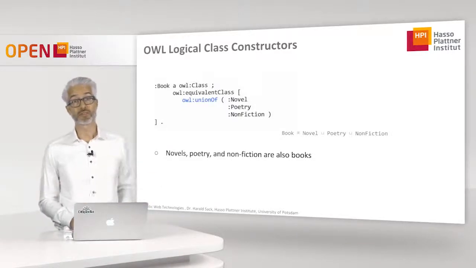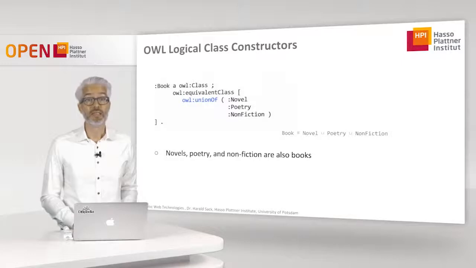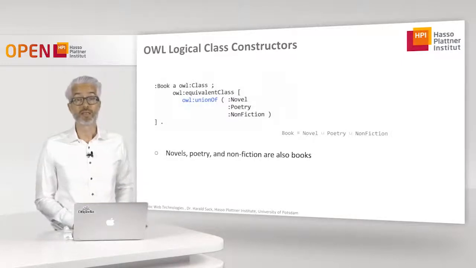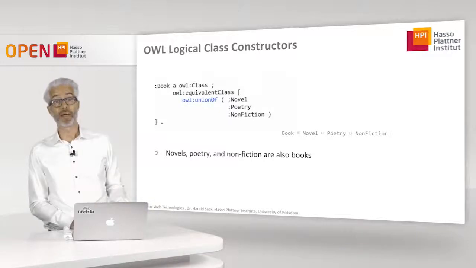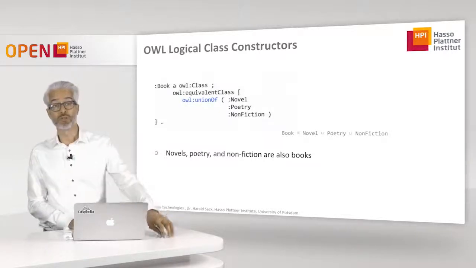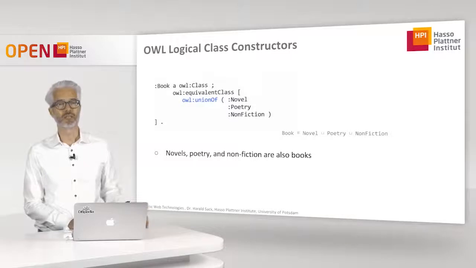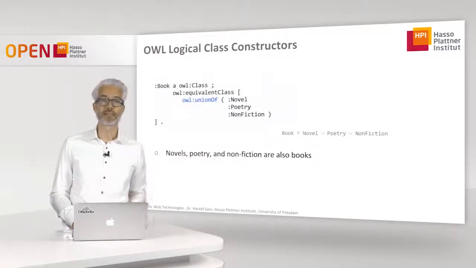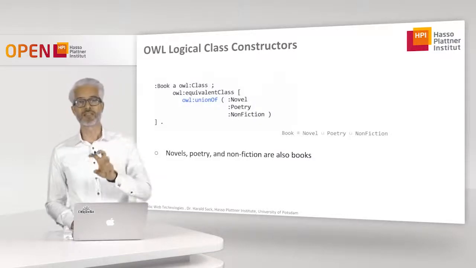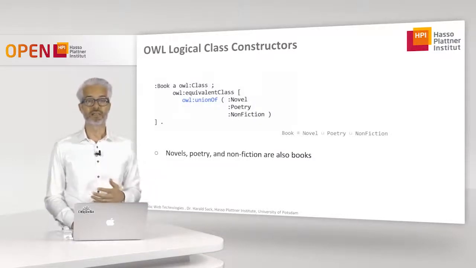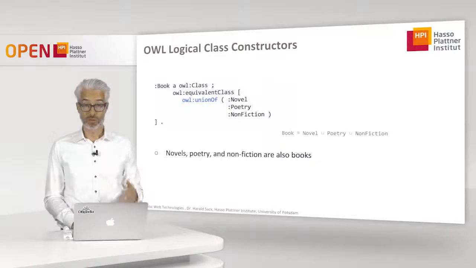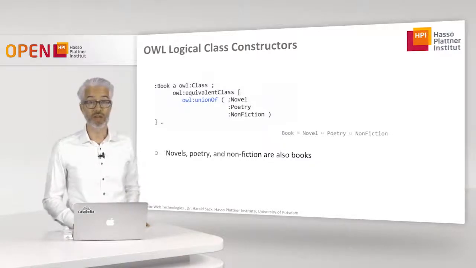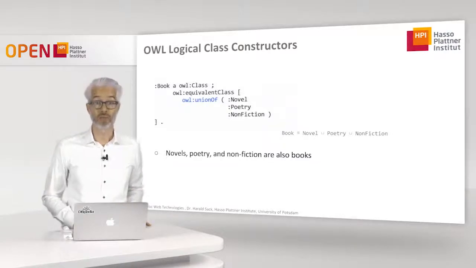This is the disjunctive combination. And then in braces again the enumeration of all the classes which are here combined disjunctively, which are Novel, Poetry, and NonFiction. So you see here, this is a little bit more complicated than the last expression because here I use explicitly this owl:equivalentClass. But don't worry, both kinds of expressions are somehow equivalent, sure.